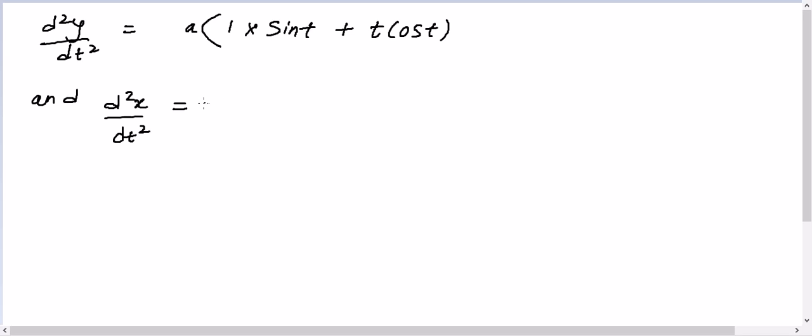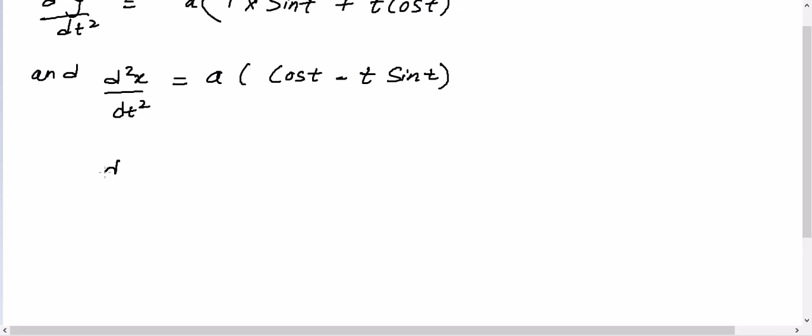So guys, continuing, this is what we got for d square y by dt square, and we got d square x by dt square as a common, cos t minus t sin t. And we need to find this, right, the second derivative of y with respect to x.